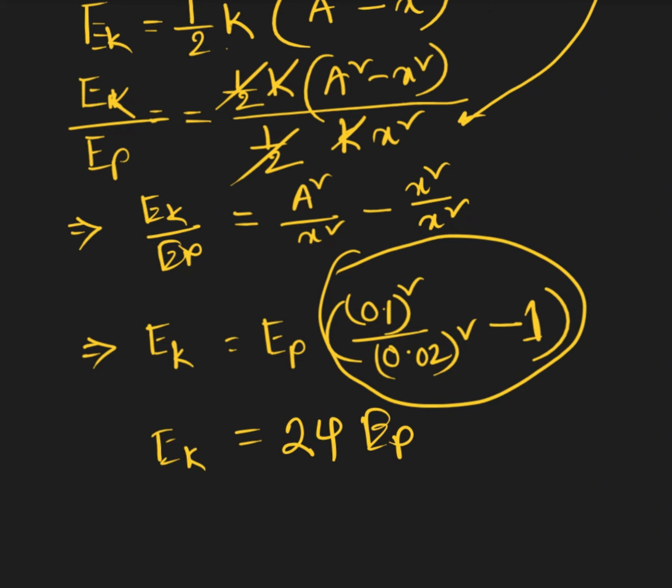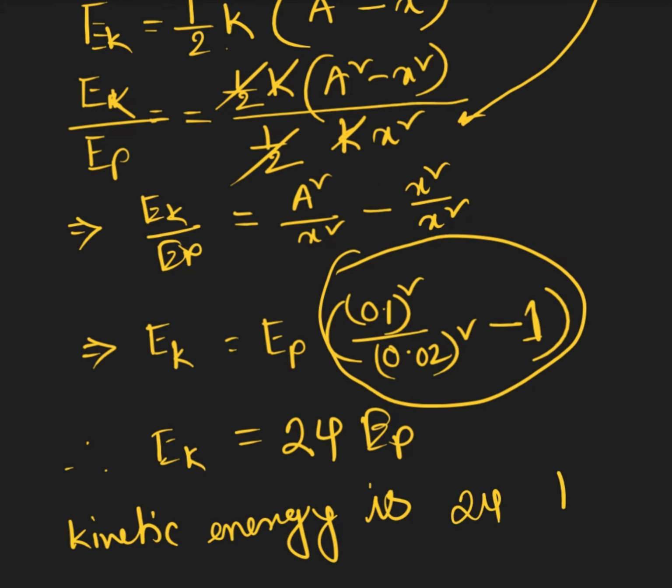So EK is equal to 24 times EP. So the kinetic energy is 24 times the potential energy.